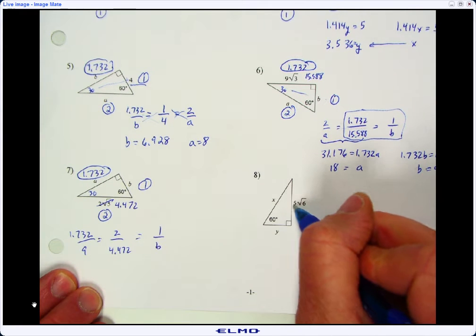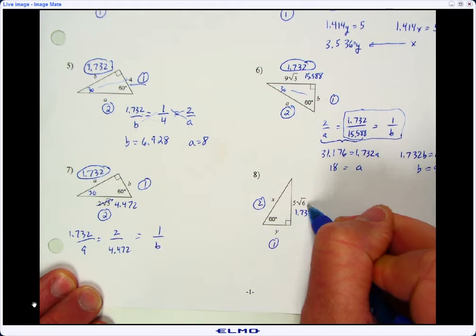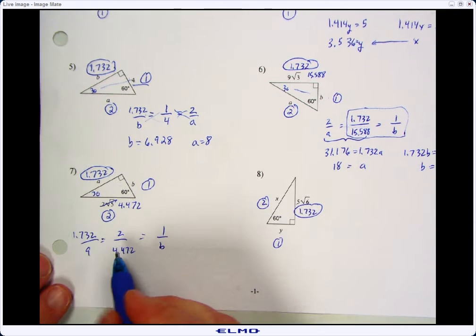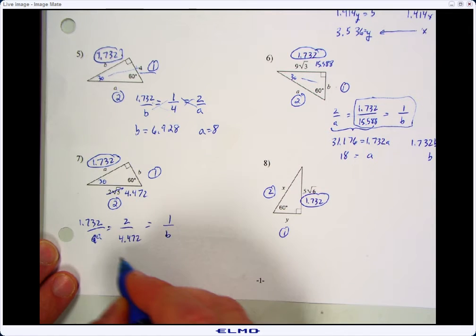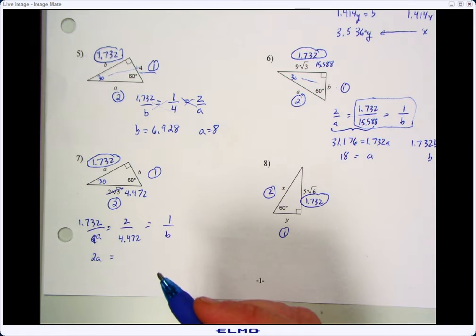Same here. 1.732, 2, 1. Keep them circled, set it up, solve. So if you want, you can solve some of these on your calculator. You can solve them on your calculator without writing it out, but I would just be careful.